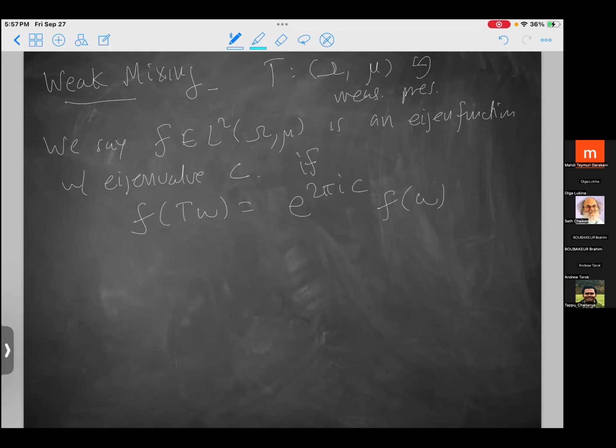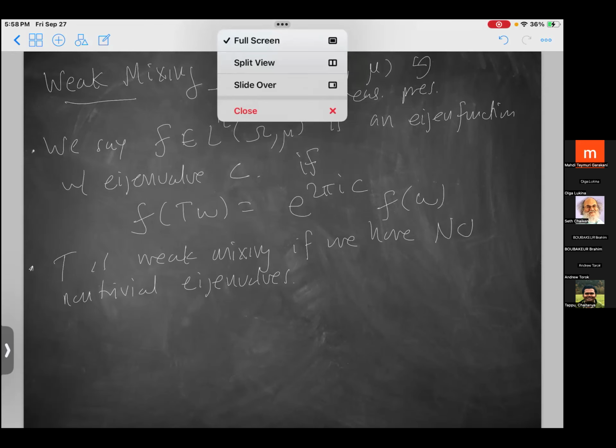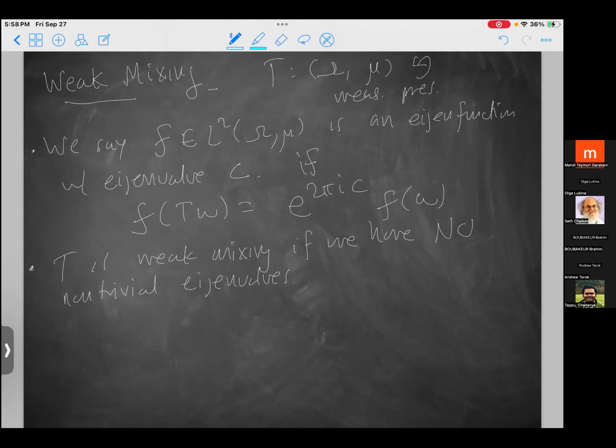Okay. T is weak mixing if we have no non-trivial eigenvalues. Now this looks kind of esoteric. I don't want any eigenfunctions or eigenvalues; if I have an eigenvalue, I have an eigenfunction.